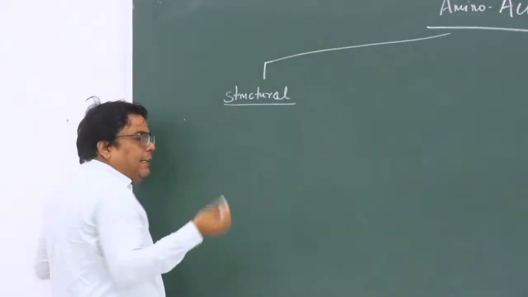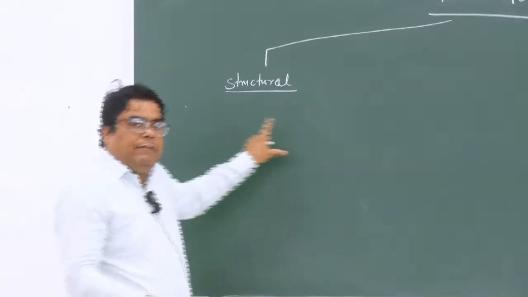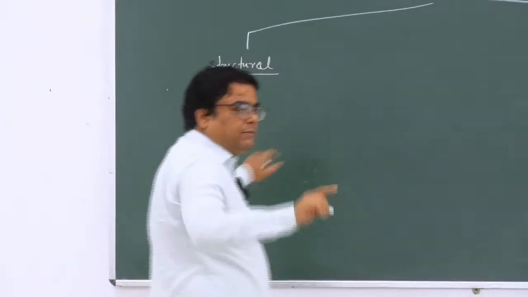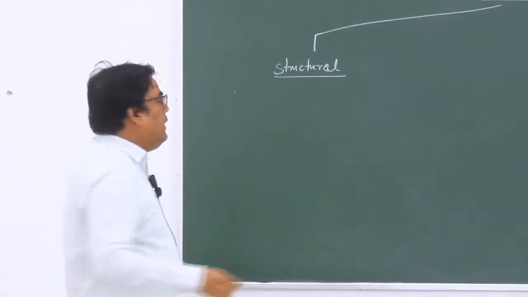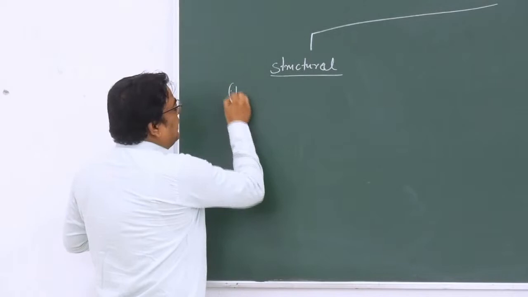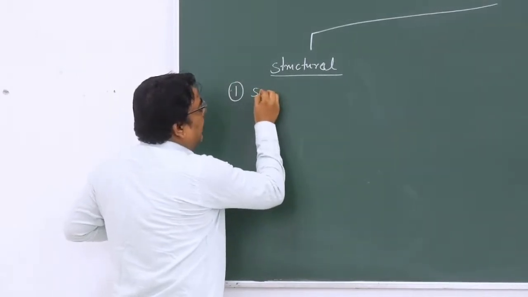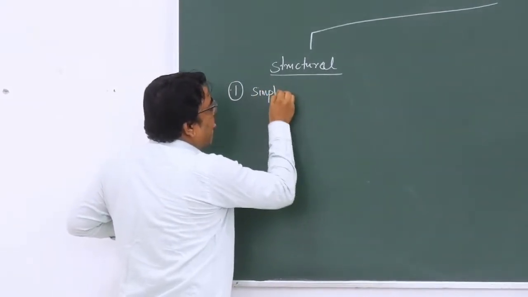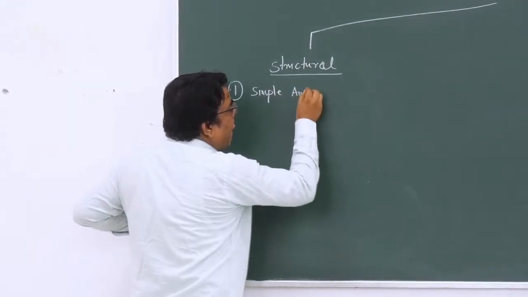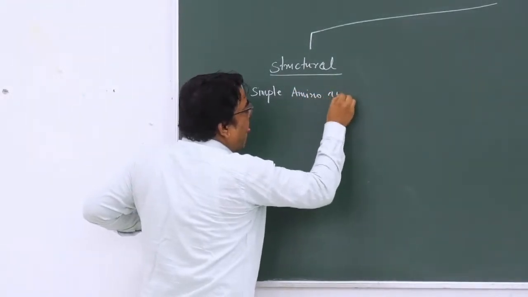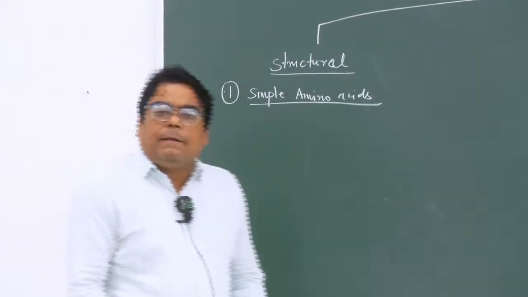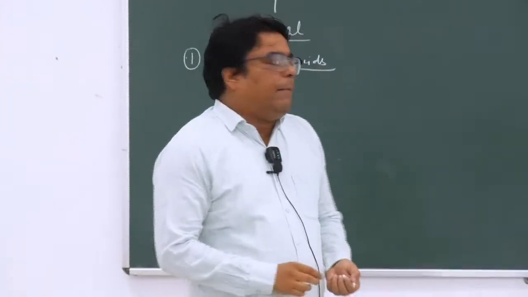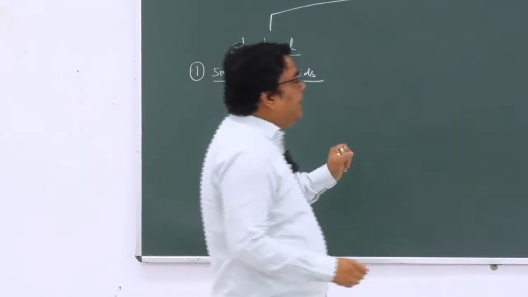In the structure classification, I already discussed this in the previous class, so I will just give an outline here for all of you. We divided amino acids into simple amino acids. What does simple amino acid mean?